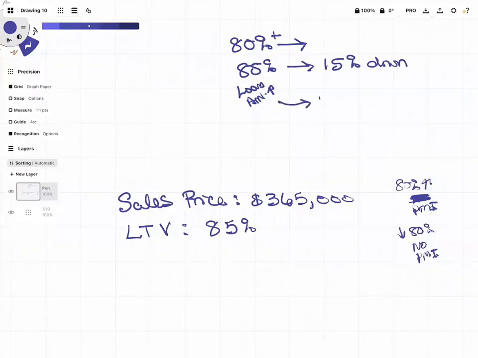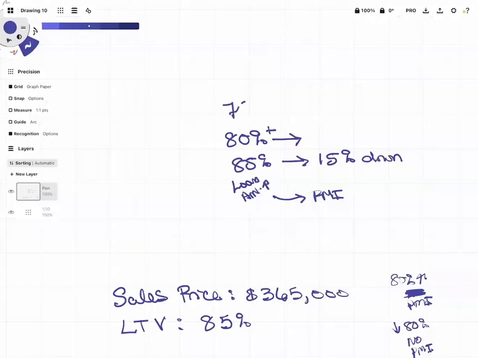So now you have to pay PMI. But if you borrowed 75%, then your down payment is going to be 25%, which means you borrowed less. And now there's no PMI insurance needed.